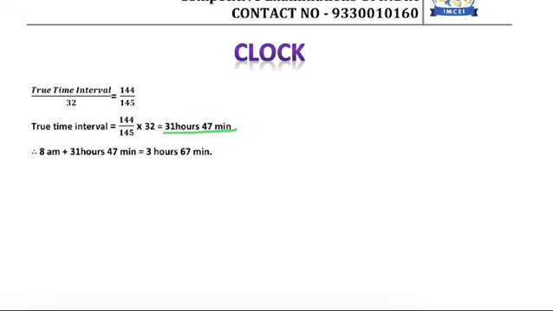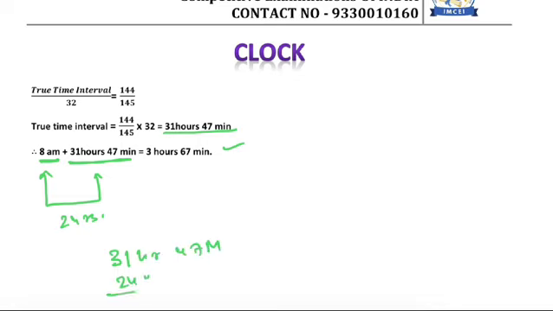So morning 8 a.m., with that 31 hours 47 minutes we have to add to get the actual value. Now here, how am I getting it? 8 a.m. to 8 a.m. that is 24 hours. So from 31 hours 47 minutes, I am subtracting 24 hours.